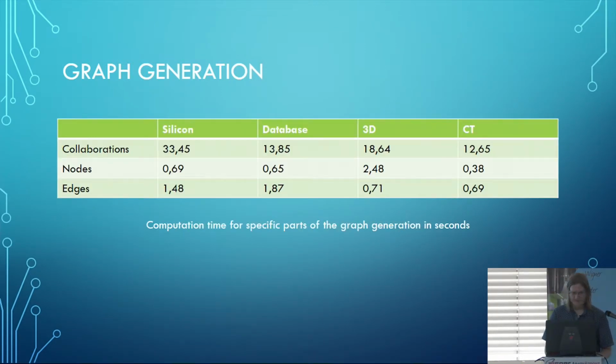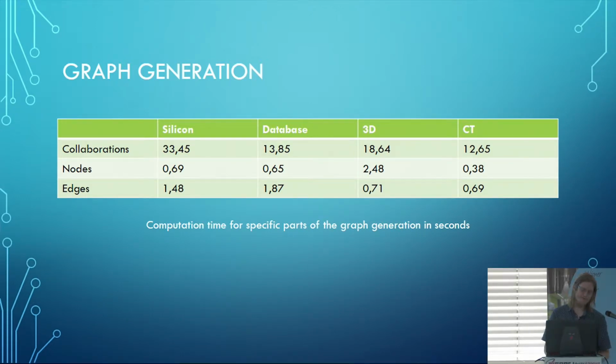So for some numbers, you can see that I have 4 graphs. All of them are searches for technology: silicon, database, 3D and CT, which means that this was the keyword that I was searching for in title and abstract in papers. In these cases, you can see that for the collaborations, for example in the silicon, it can take 33 seconds, and this is because we are trying to get it from the database first.